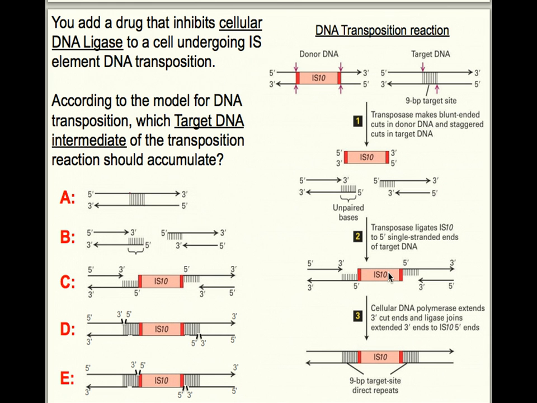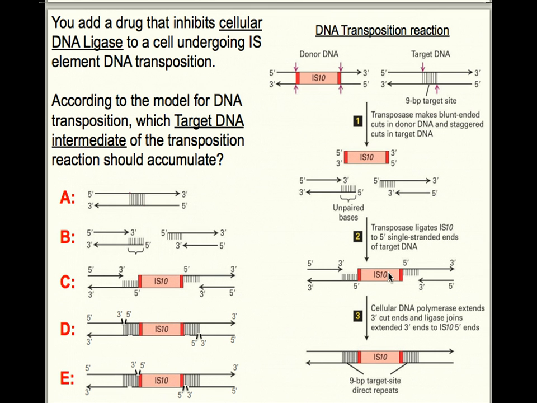Okay, so yeah, that is one. If you somehow modified this insertion sequence, you could prevent it from going in. That's a good answer. What I was looking for was that you'd need to induce some kind of point mutation in transposase such that it was able to cut the target DNA but not insert the insertion sequence into the target DNA.